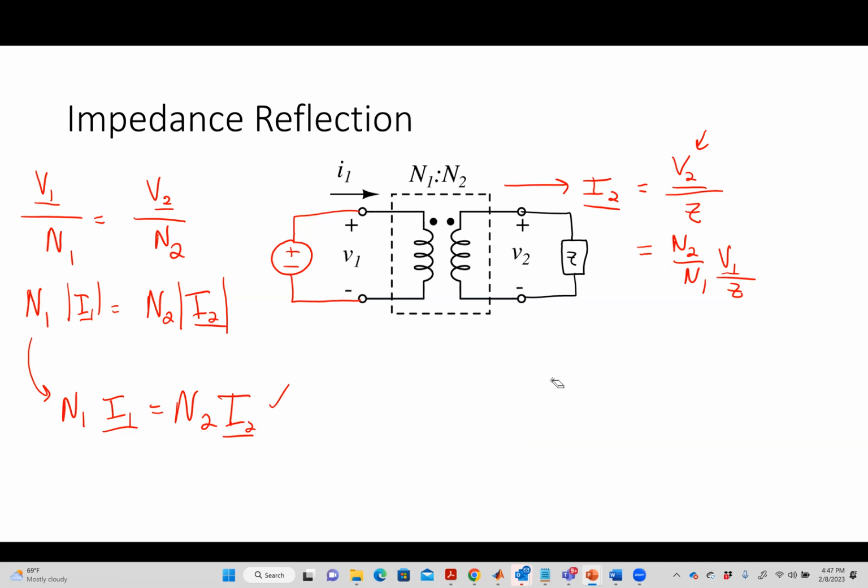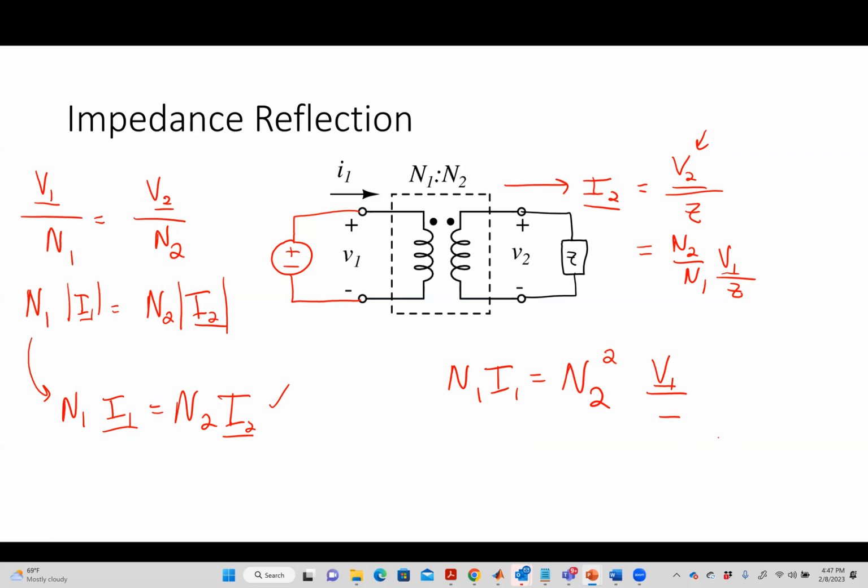We have I2. Let's just write it, and N1 I1 equals N2 times whatever I just did there, right? So N2 times, so it'll be N2 squared V1 over Z, like that.